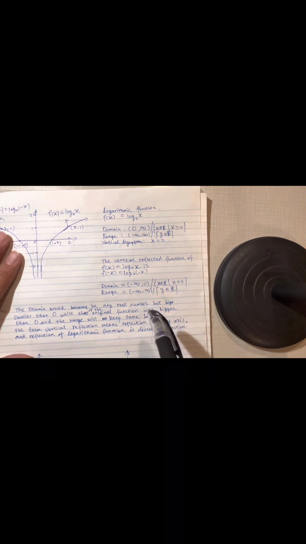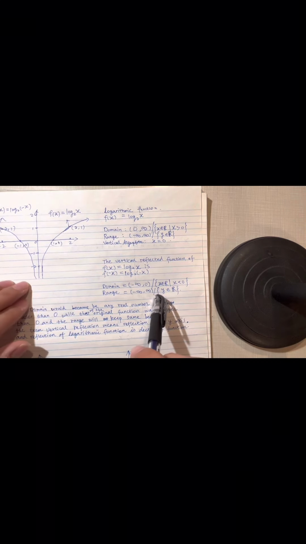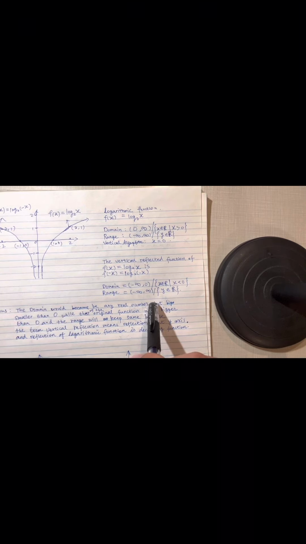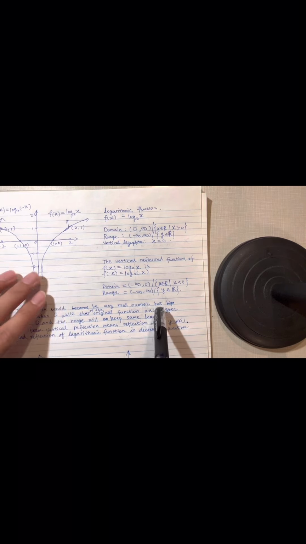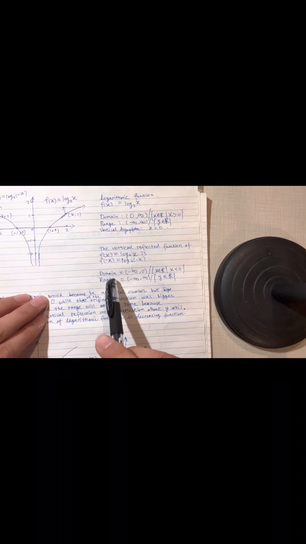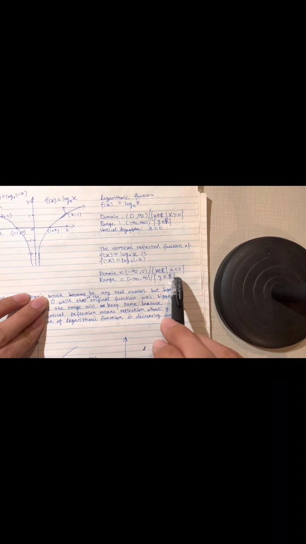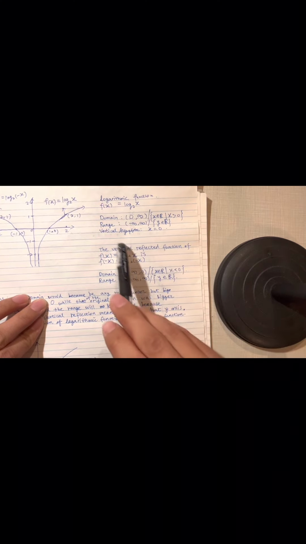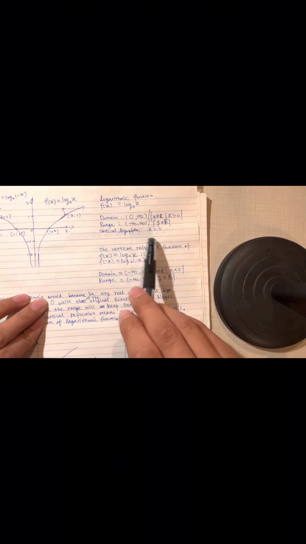And if you reflect the same function over y = 0, which is vertical reflection, your new domain would be smaller than the original number, which is the vertical asymptote.